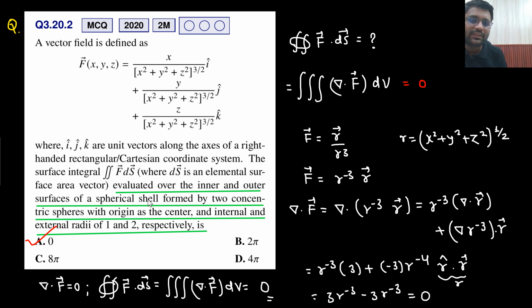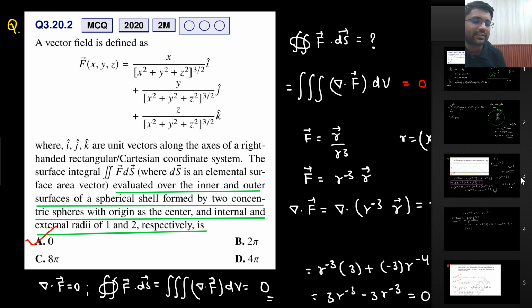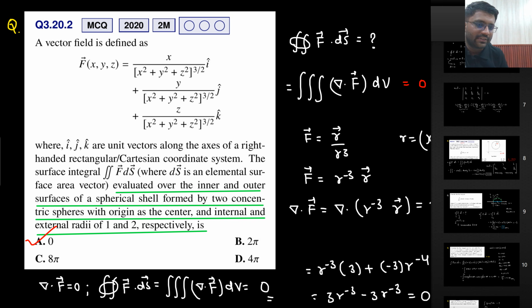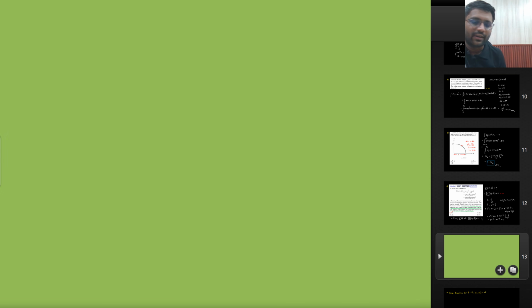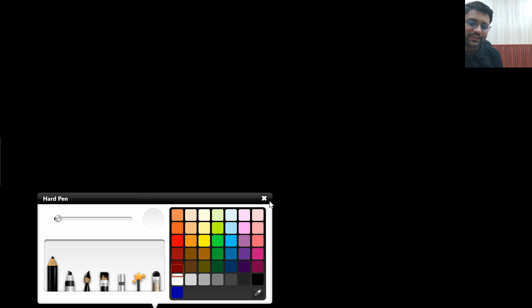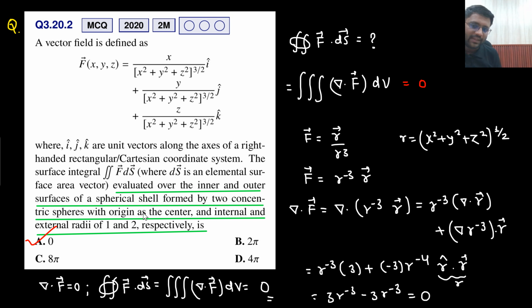Now what do you mean by this ds surface? The meaning of this ds surface is that you calculate two integrals. First you calculate for the outer surface. If you read these lines: evaluated over the inner and outer surfaces of a spherical shell formed by two concentric spheres with origin as the center and internal and external radii of 1 and 2.